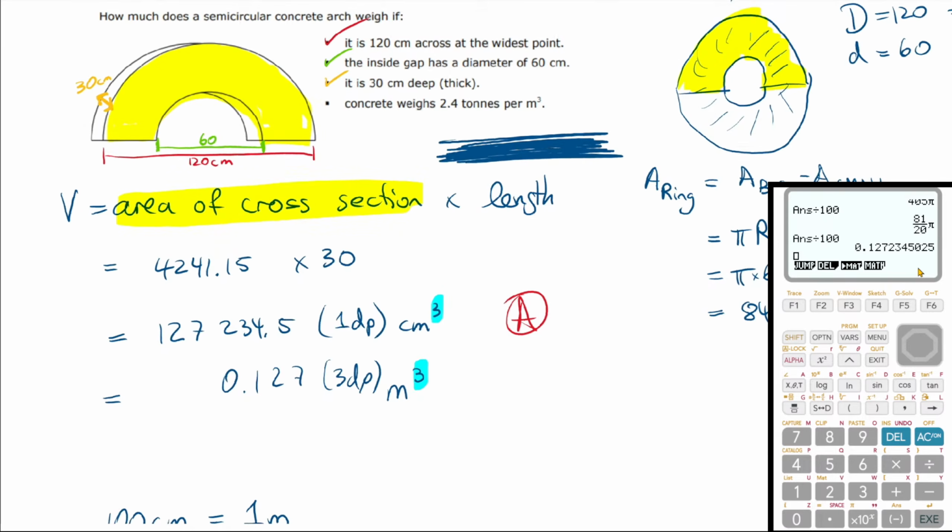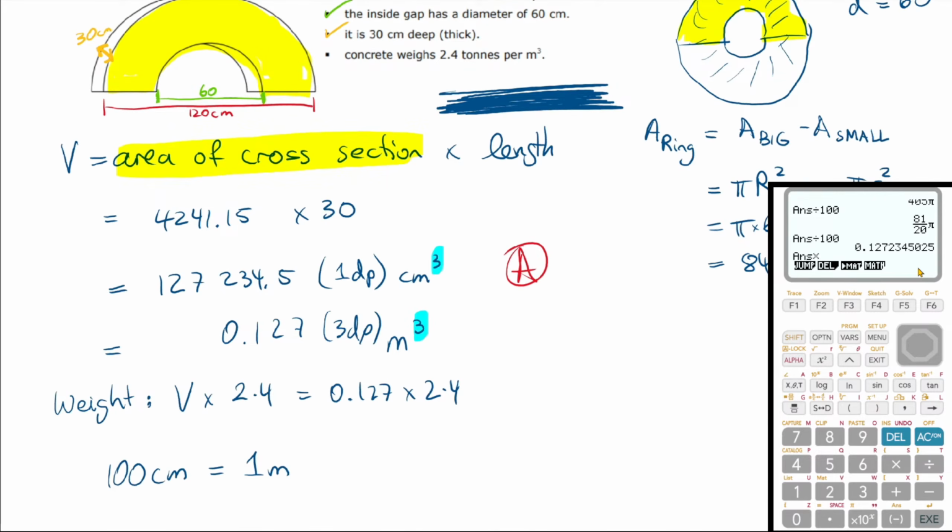So we can just calculate the weight by calculating the volume times this value here, 2.4, which is 0.127 times 2.4. Okay, we've already got that number there. Go up a little bit, times 2.4.